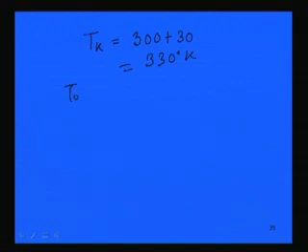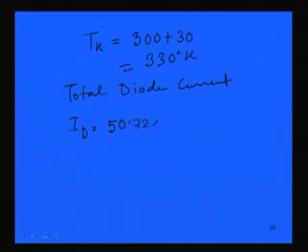So, the total diode current for this new temperature will become 50.72 into 10 to the power minus 7 into exponential of 11600 into 0.25, because the voltage applied is 0.25 volt as mentioned, and of course the Kelvin temperature is now changing to 330, minus 1.